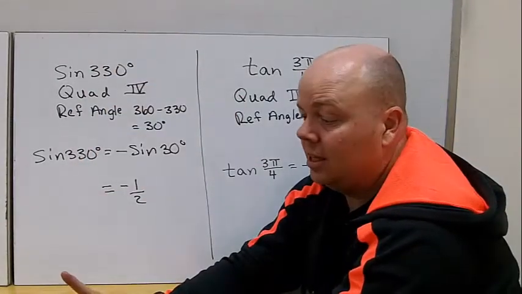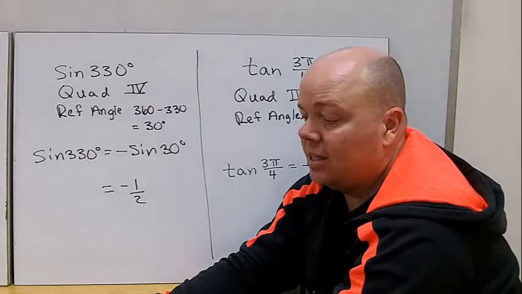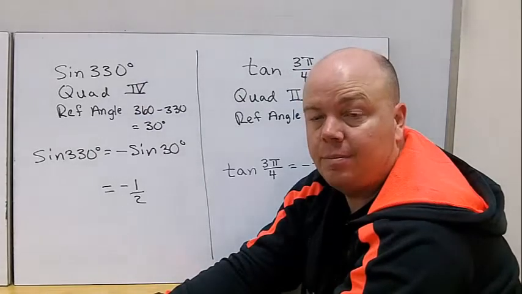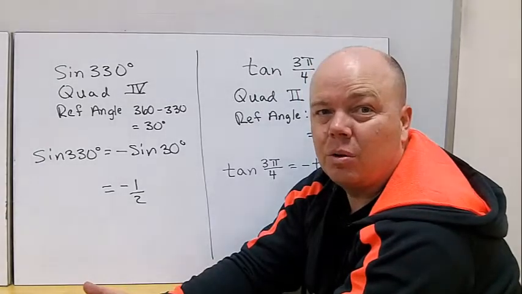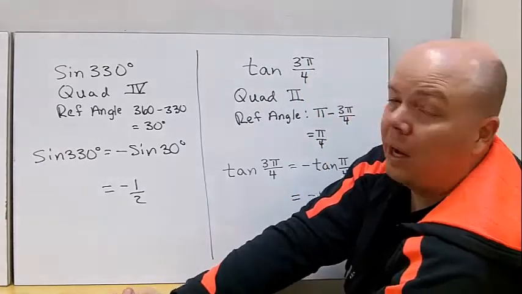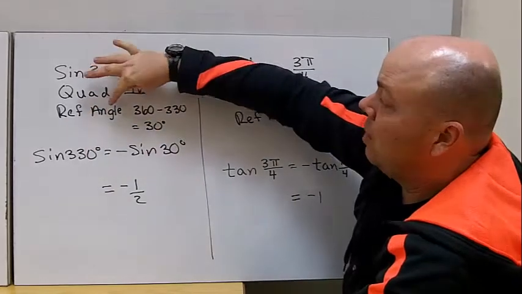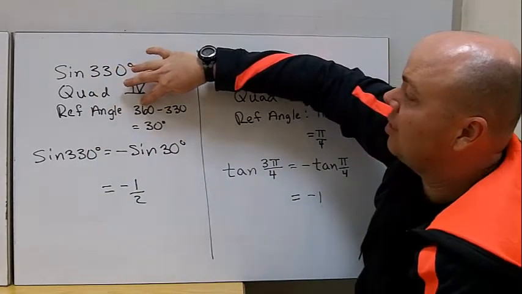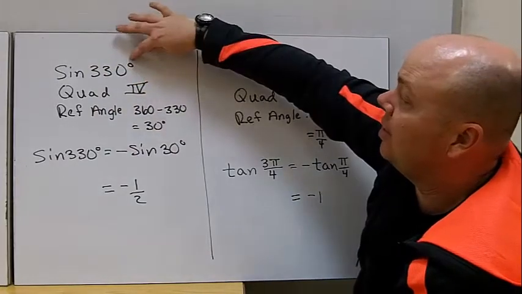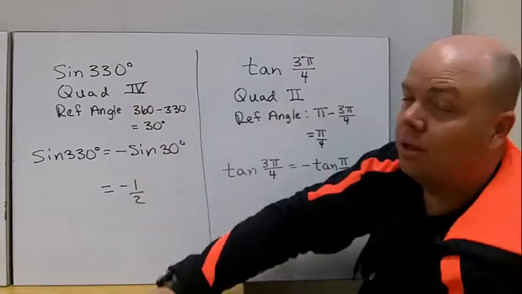So that tells me that the cosine is positive, the sine is negative, tangent will also be negative, and their reciprocals will have the same sign. So the reference angle, since I'm in the 4th quadrant, is 360 degrees minus 330 degrees, which gives me 30 degrees.